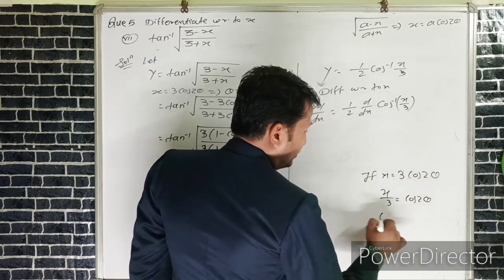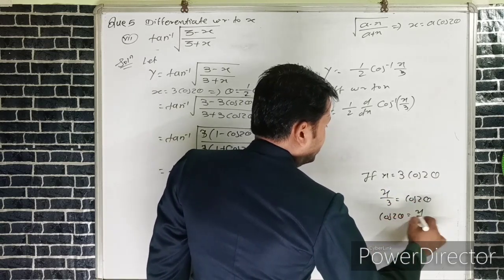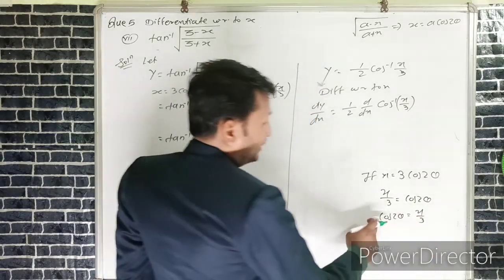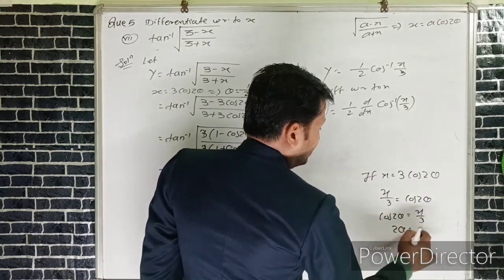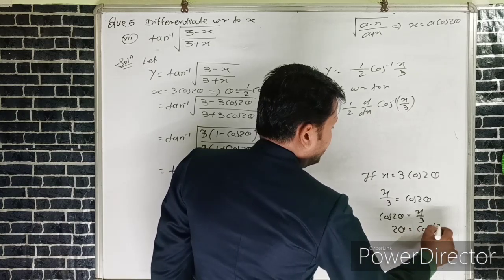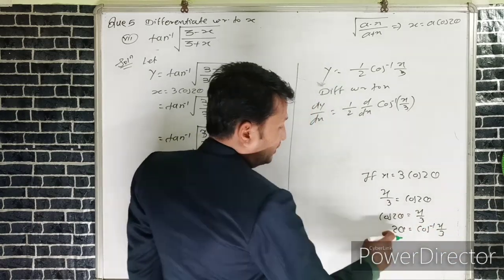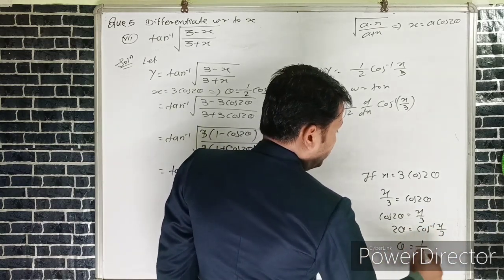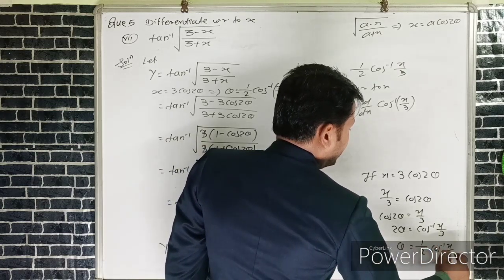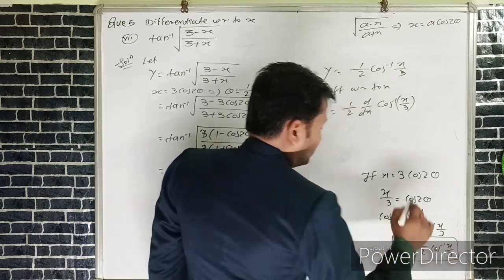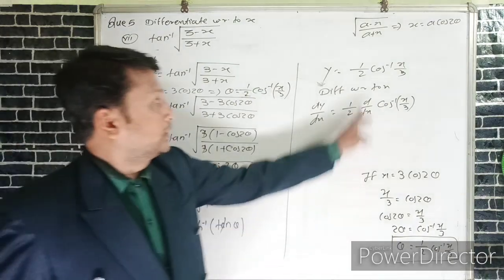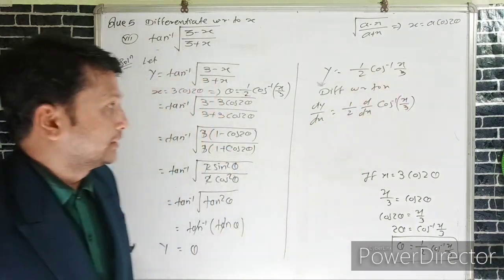It means that cos 2 theta is equal to x by 3. When we take cos inverse on the right side, we can write cos inverse of x by 3. In multiple form, we can write it as 1 upon 2 cos inverse of x by 3. The value of theta is 1 by 2 cos inverse of x by 3.